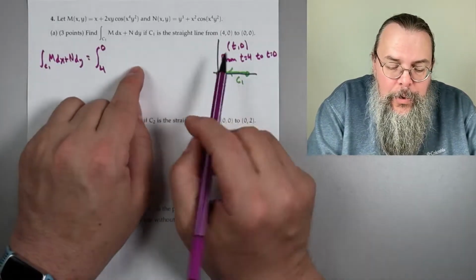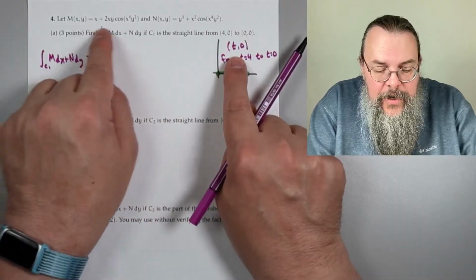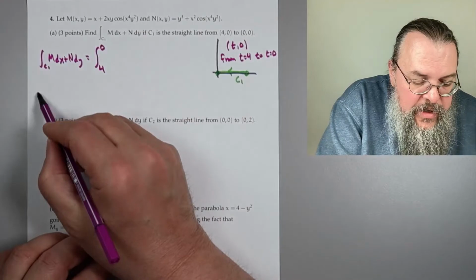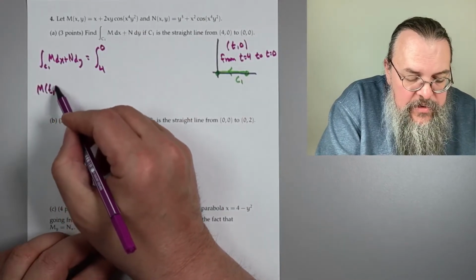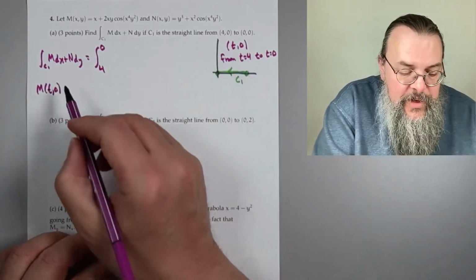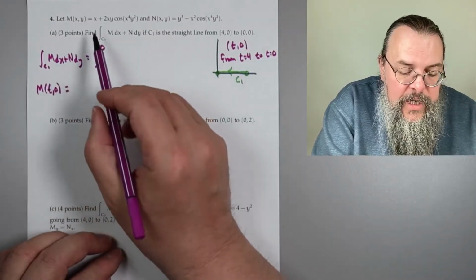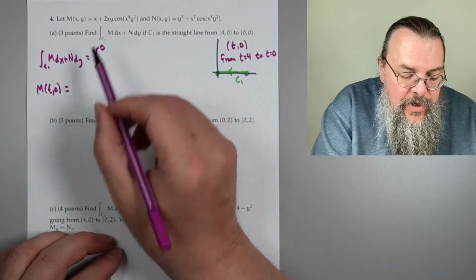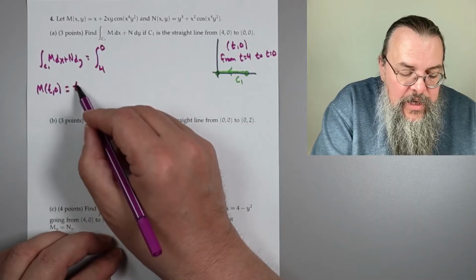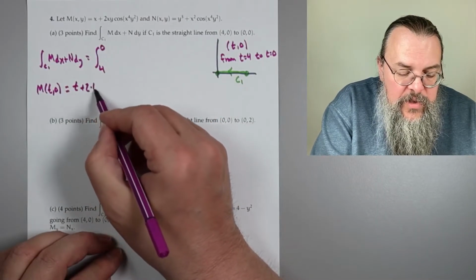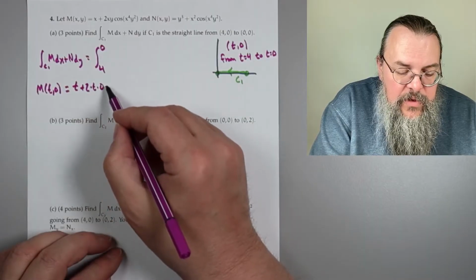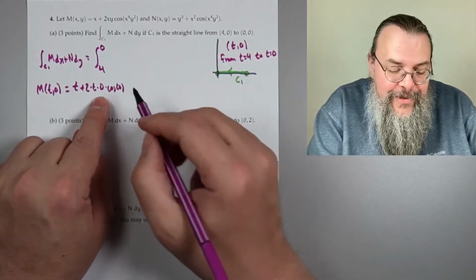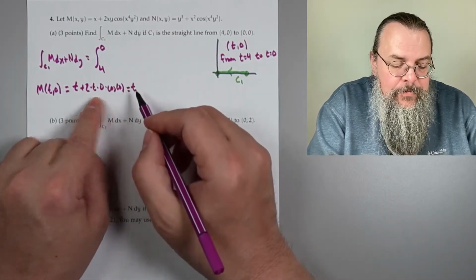Now, we're going to plug into our M and N. In particular, let's talk about M of (t, 0), because that's what our parameterization says. Everywhere you see an x, put in t. Everywhere you see a y, put in 0. So it looks like t plus 2 times t times 0 times cosine of 0. It's hard to recover from that 0, so that becomes t.